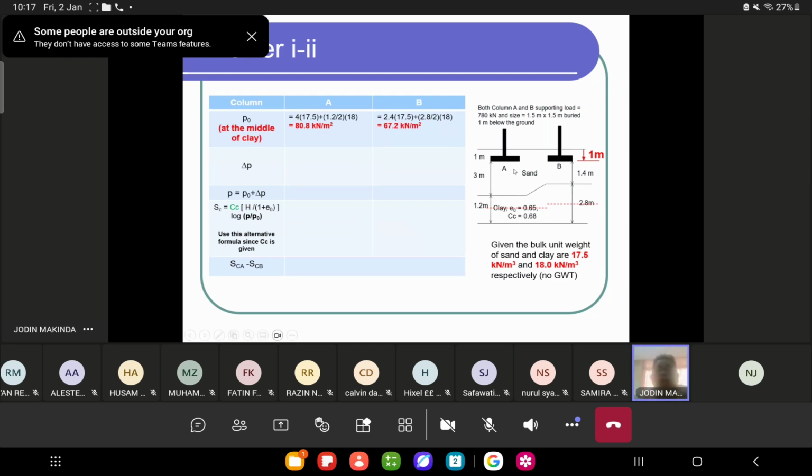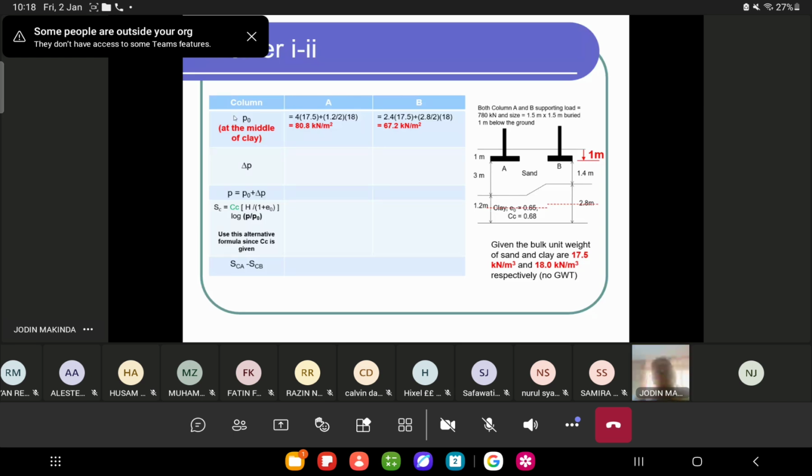First, look at column A and look at column B. How do you determine the overburden pressure? Remember, effective overburden is measured at the middle of the clay. This is where students will fail. This is where most students will make mistakes.